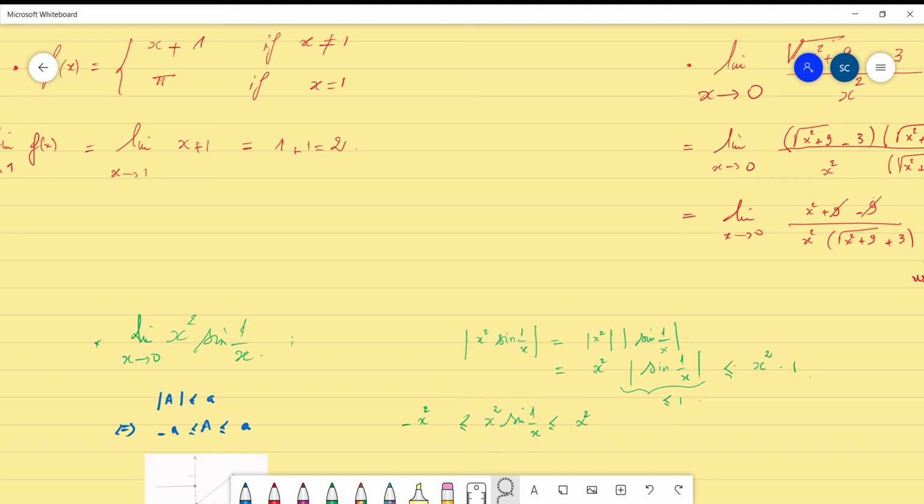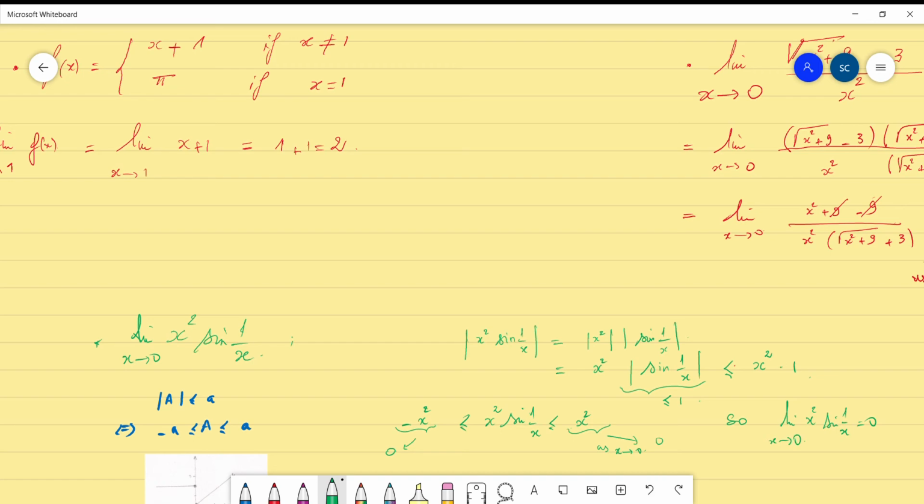And now clearly, I know that this function approaches 0 as x approaches 0, and this function approaches 0 as x approaches 0. So the limit of x squared sine 1 over x will be 0 as x approaches 0.